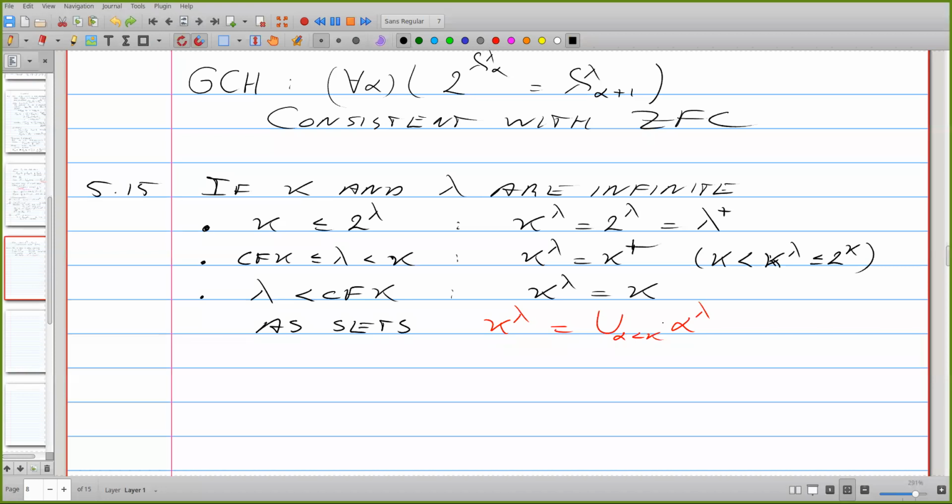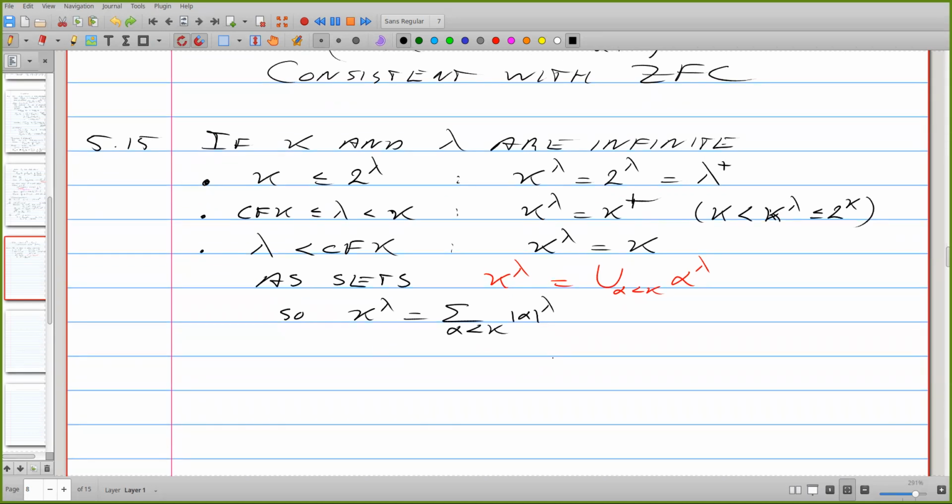And that means that the cardinal kappa to the lambda is the sum of the cardinals, the cardinality of alpha to the lambda, for alpha less than kappa.